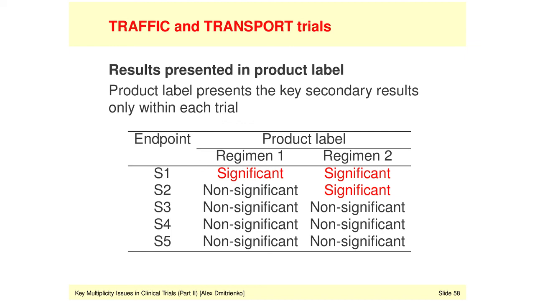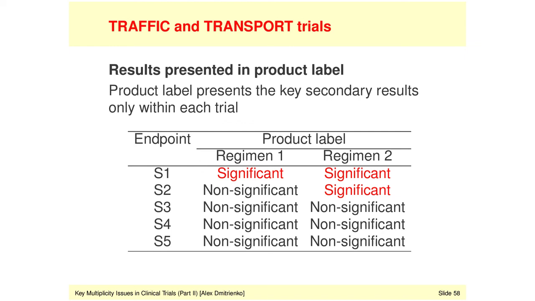We can see here that unlike the table shown on slide 57, this table indicates that only one of the endpoints was significant on regimen 1 instead of 5 as on slide 57, and when it comes to regimen 2, the results between options 1 and 2 happen to be significant. Here, just like on slide 57, when the pooled analysis was employed, both endpoint S1 and S2 turned out to be significant.